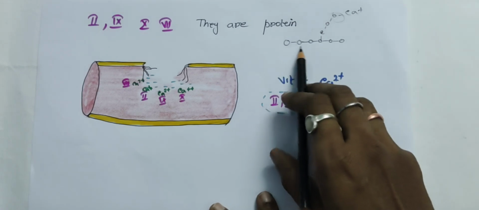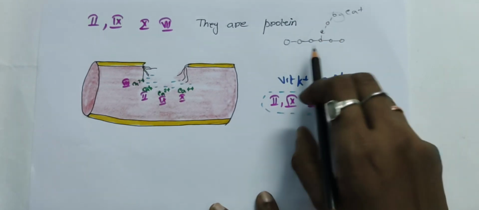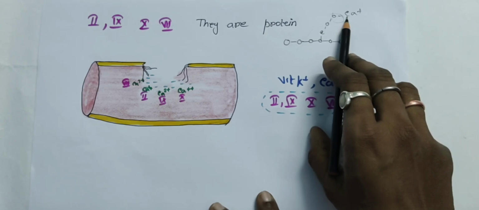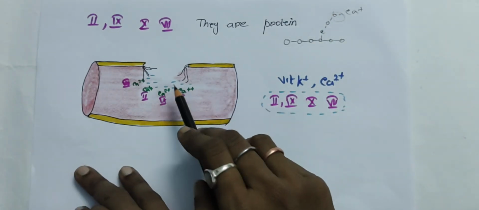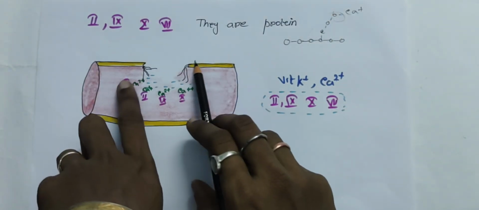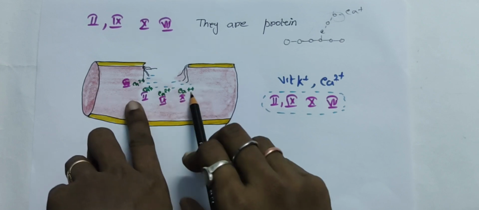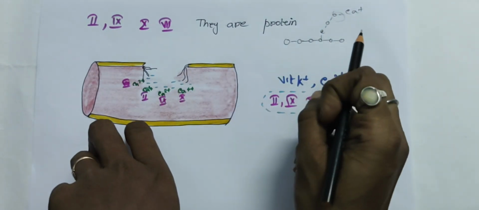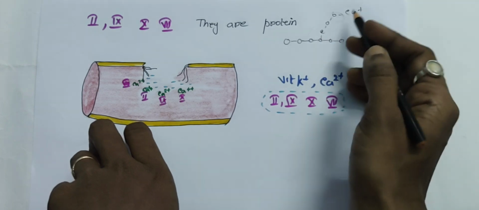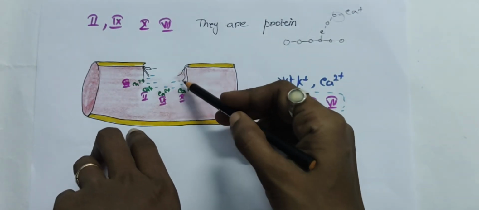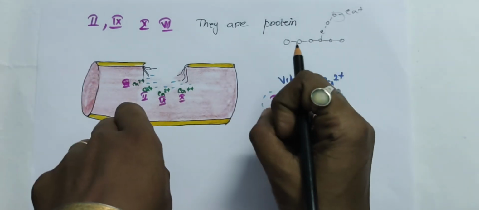So vitamin K carboxylates the factor, and calcium can attach to the factor. Now look at the blood vessel here, and here are the collagen fibers. They are also negative. Now calcium with one hand attaches to the factors, and with the other hand attaches to the negative collagen fibers. That's why they form the clot.